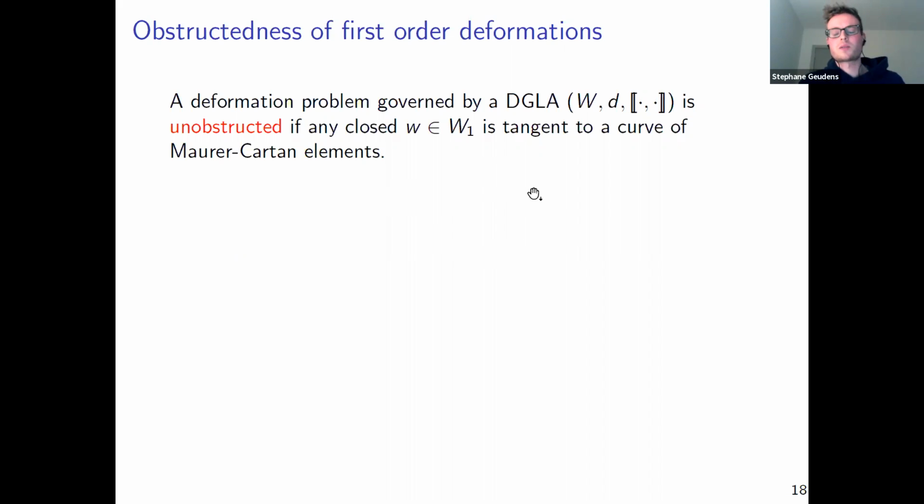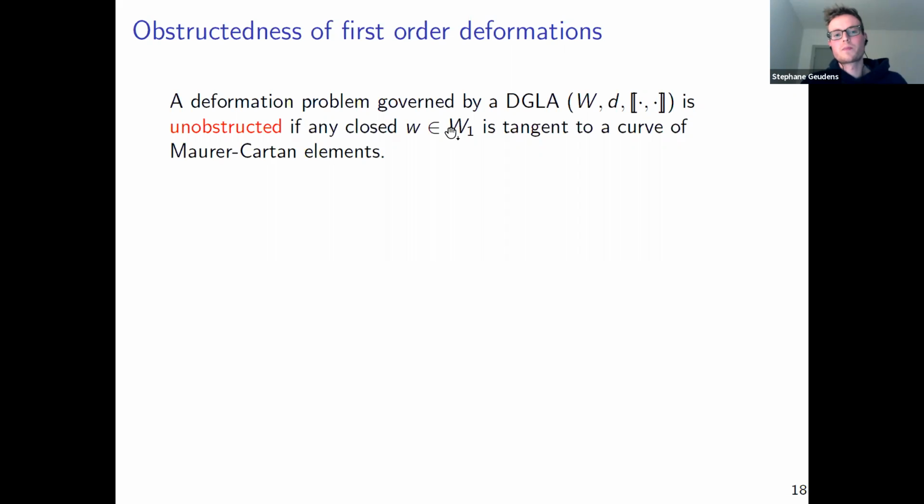So obstructedness is about extending first order deformations. So if you have a DGLA and you have a path of Maurer-Cartan elements, so a path of deformations, and you differentiate at time 0, then you get a solution of the linearized Maurer-Cartan equation, so you get a closed element in degree 1. And obstructedness is about the converse.